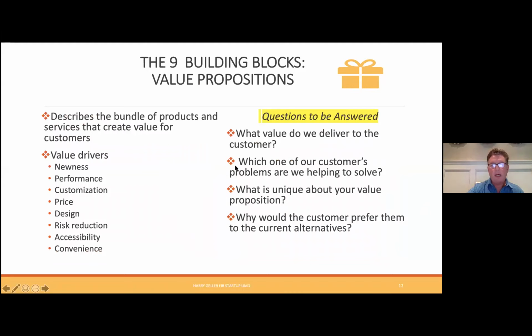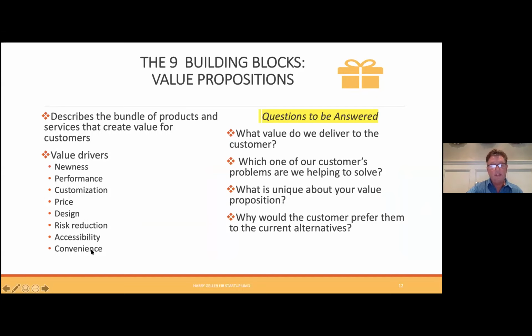The next building block is value propositions. A value proposition describes the bundle of products and services that create value for the customers. So things that are value drivers are the newness, the performance, the customization, the price, the design. Does it reduce risk? Is it easily accessible?